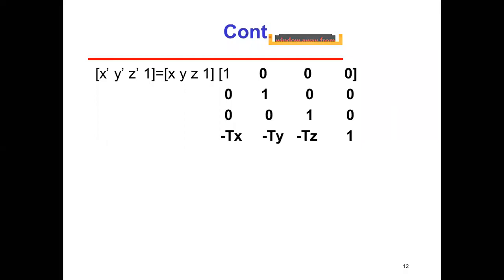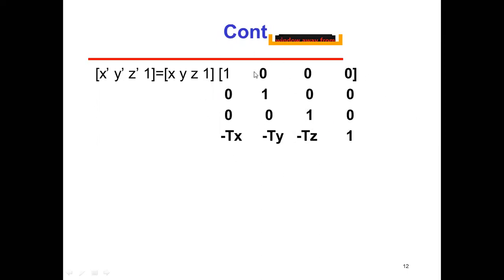Here I am showing: x dash, y dash, z dash, 1 equals x, y, z, 1 times the matrix 1 0 0 minus tx, 0 1 0 minus ty, 0 0 1 minus tz, 0 0 0 1. This is called the inverse transformation for the translation.